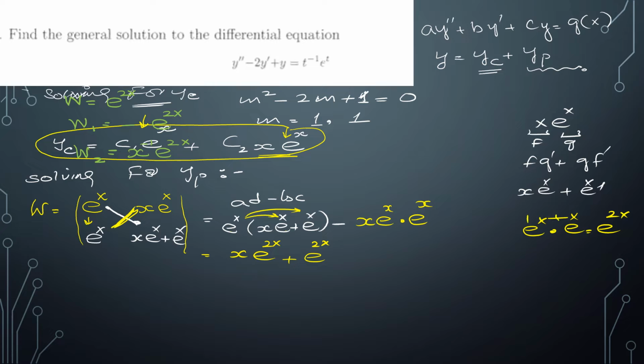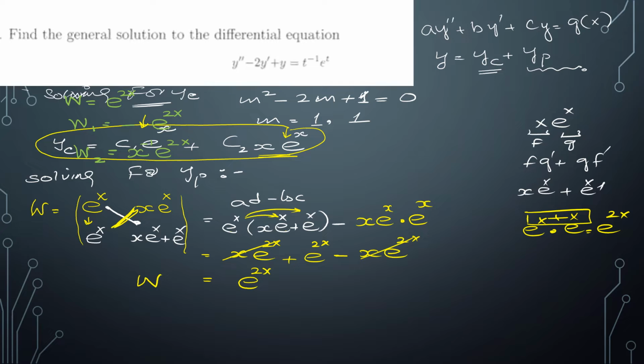The reason is that I add the powers. Minus x e to the power 2x. Now x e to the power 2x and minus x e to the power 2x will cancel out because they are both the same with different signs. So our W is e to the power of 2x.